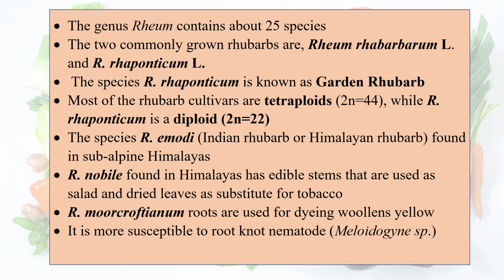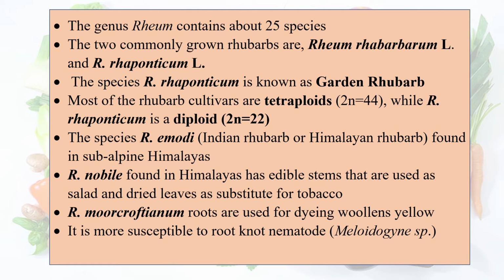And Rheum emodi, which is known as Indian rhubarb or Himalayan rhubarb, is mostly found in the Himalayas. And one more thing is Rheum nobile, found in the Himalayas, which has edible stems that are used as salad. One more important thing is that the dried leaves of nobile are used as a substitute for tobacco.